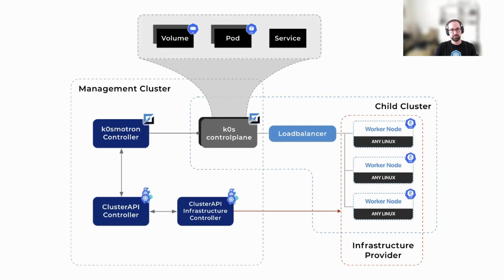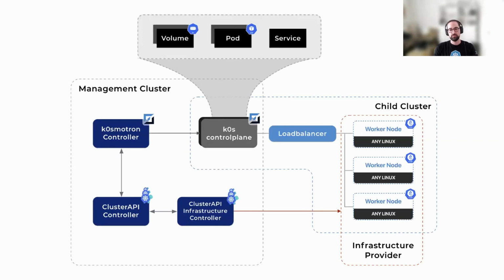Those control planes, as already mentioned, are nothing else than pods and services that are exposed, for example, via a load balancer. Of course, if you just have, let's say, one load balancer or one external IP address, you can use other mechanisms like an ingress controller, for example, as well, to expose the Kubernetes API or the k0s control plane to the outside.